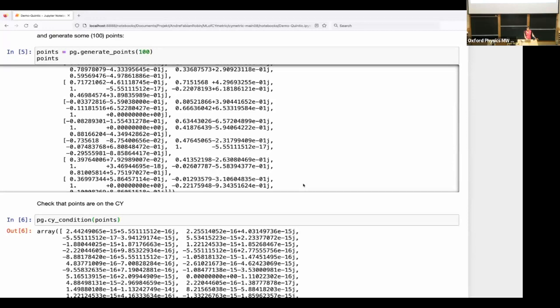You specify the Kähler class, or actually, we're specifying the Kähler modulus, as far as I know. I'm not sure.